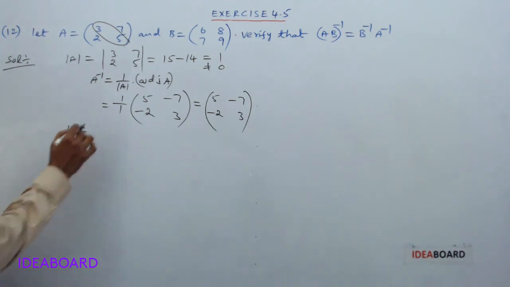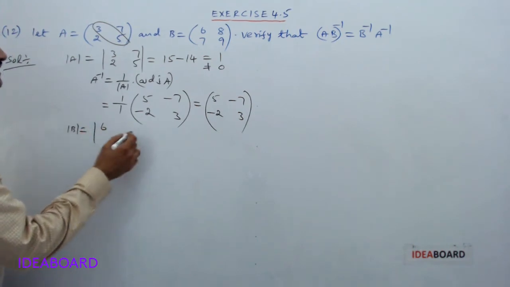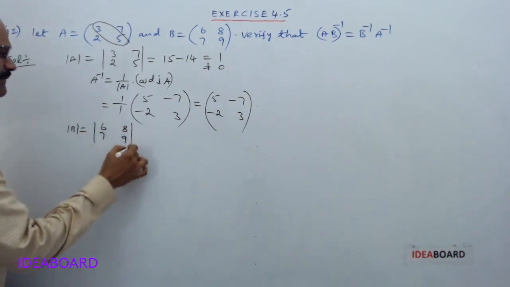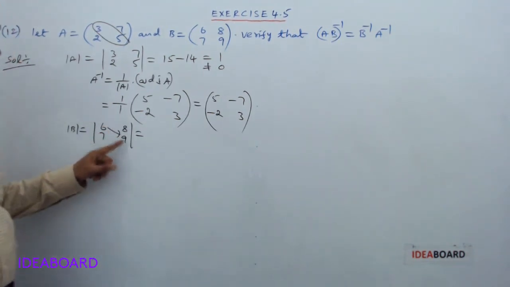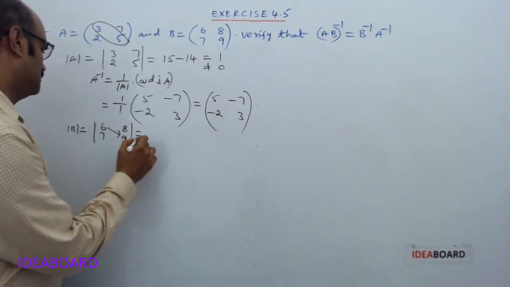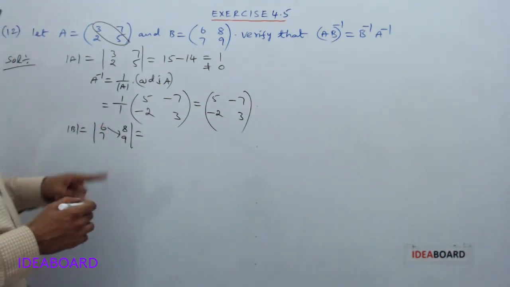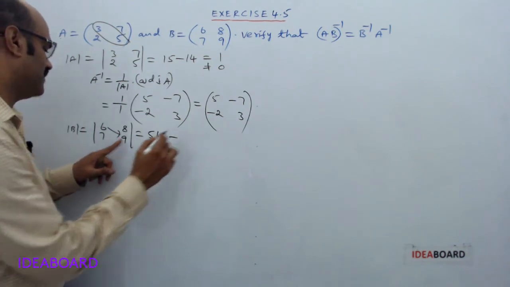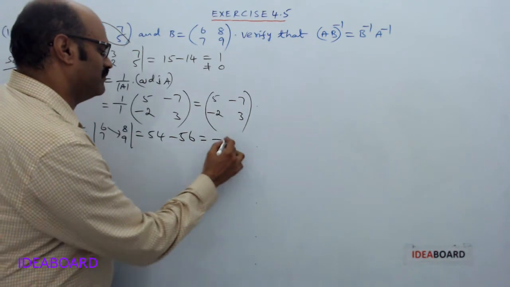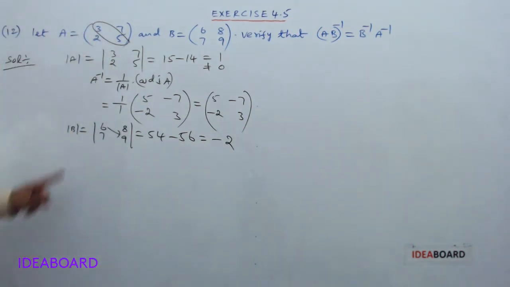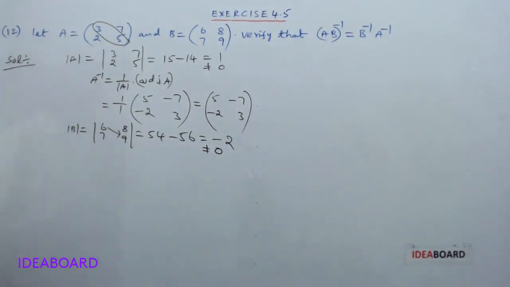det B equal to determinant of 6, 8, 7, 9 equal to 54 minus 7 into 8, 56, equal to minus 2. So det B not equal to 0. So B inverse exists.